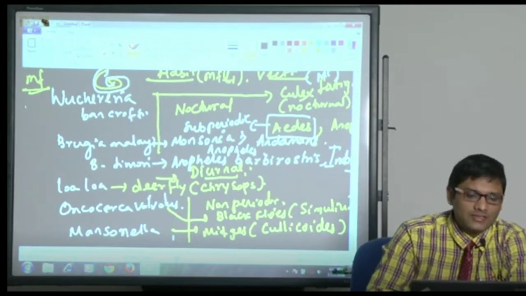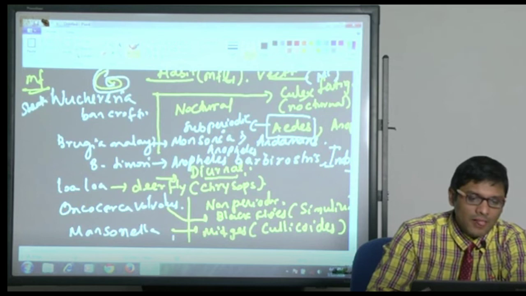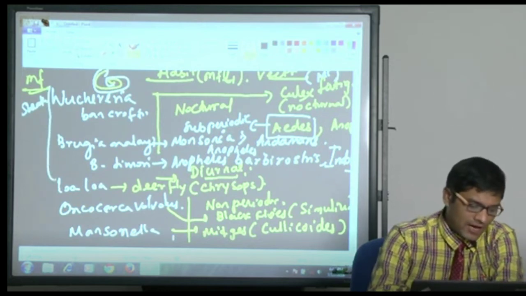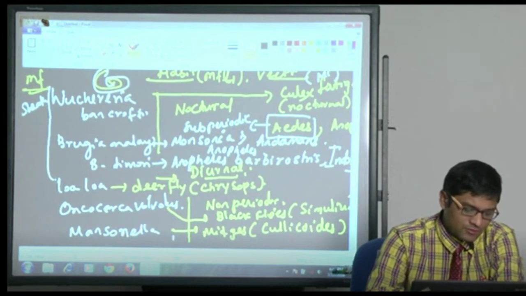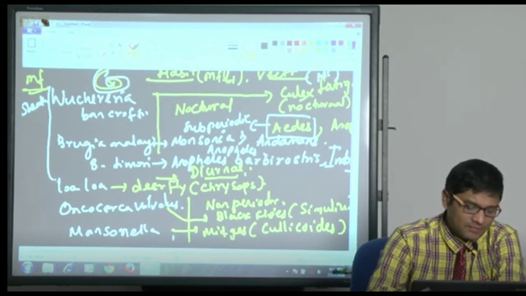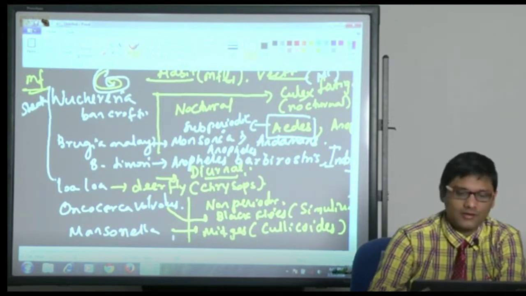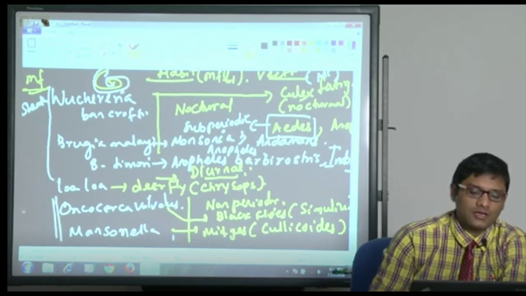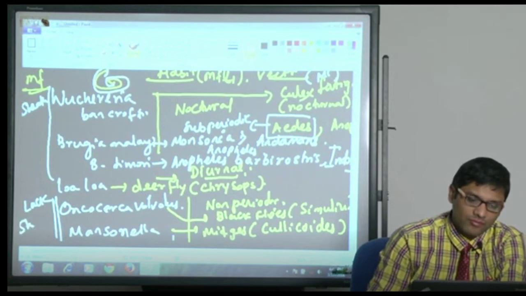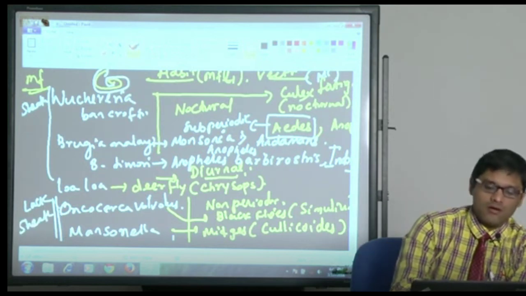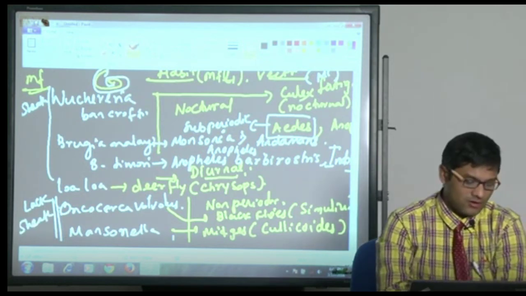So the sheath is present in Wuchereria, Brugia and Loa loa; the microfilaria is sheathed, whereas Onchocerca and Mansonella do not have a sheath. Okay, so this is the difference.